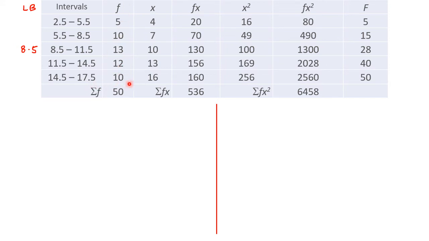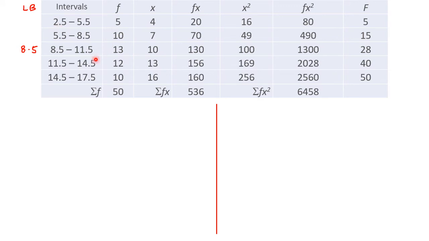Lastly you subtract and you get 10. To make sure the frequencies are correct, you can total them, the sum of f. We got the total is 50, which is correct.